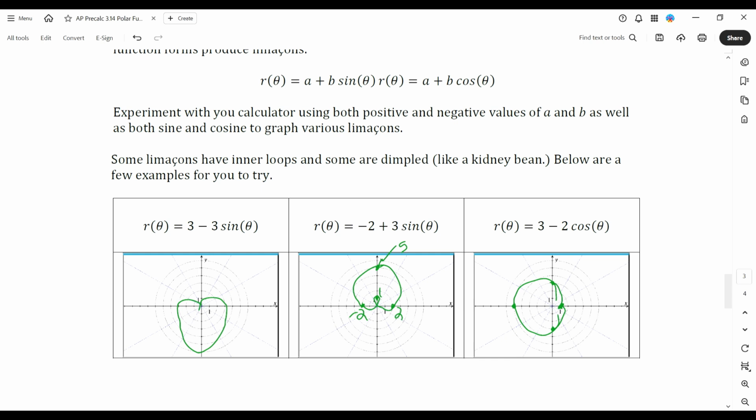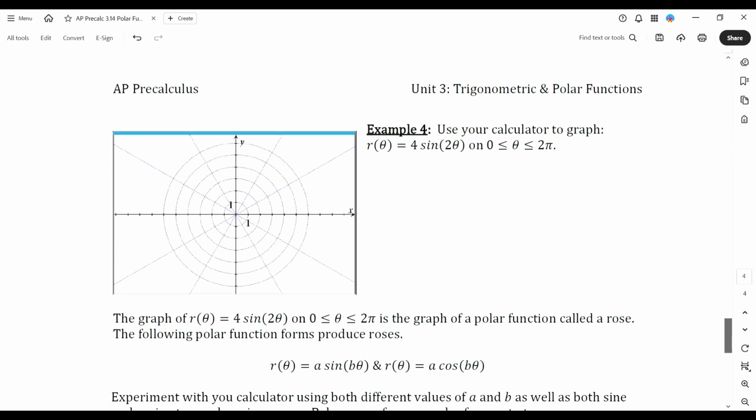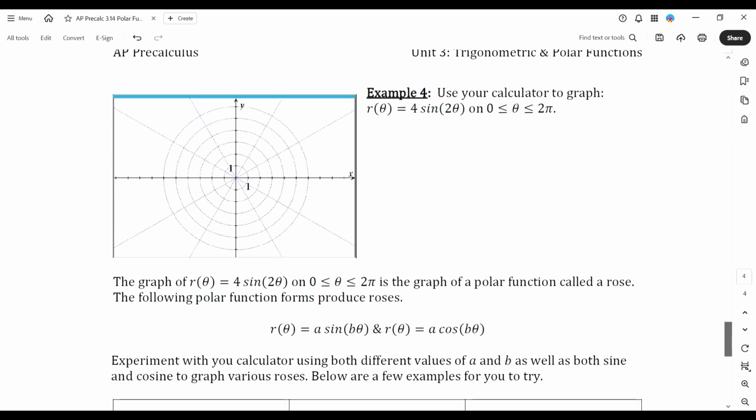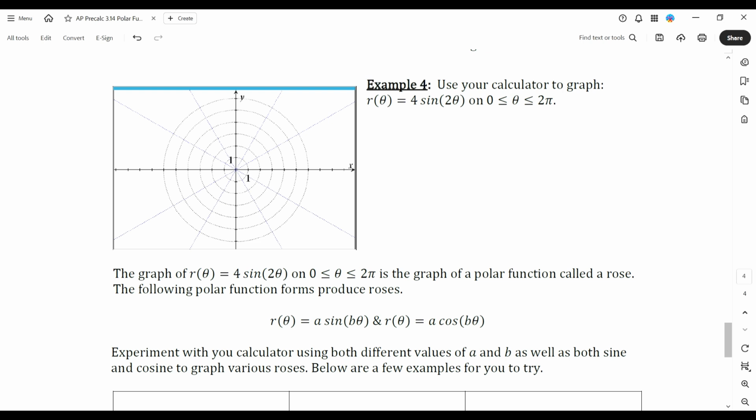All right. So limaçons are one. Rose curves are another. Now I feel like we're being a little repetitive, but it's okay. So this one, 4 sine of 2 theta.